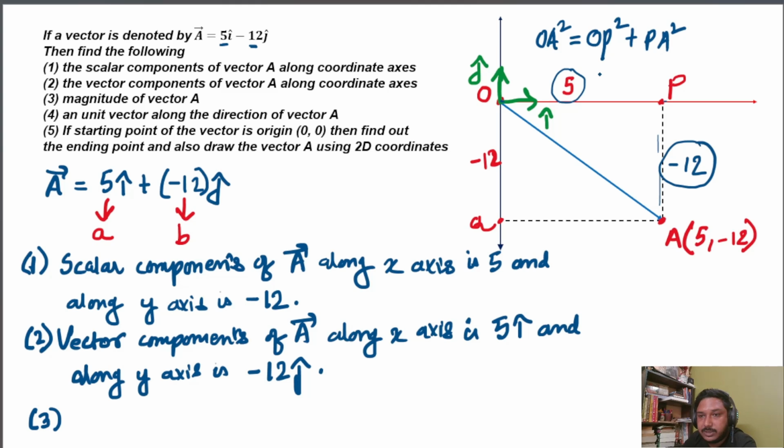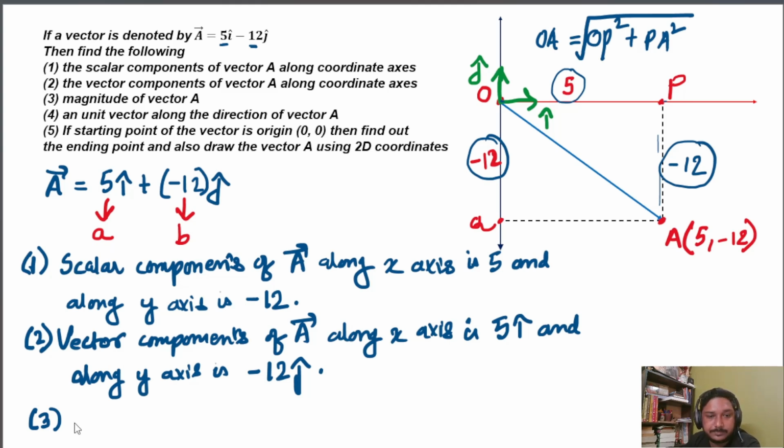Now what is OP square? That is 5 square. PA square is minus 12 whole square. If we just square them and add them, now how to find OA? Take the square root. So OA will be square root of OP squared plus PA squared. Now OP is equal to the scalar component of the vector A along x-axis, and PA is the scalar component along y-axis.